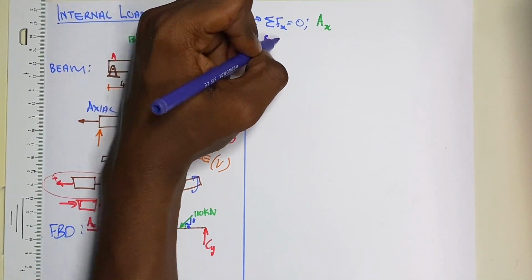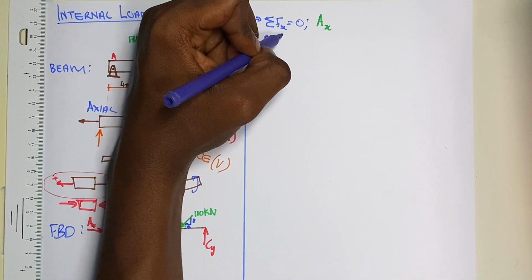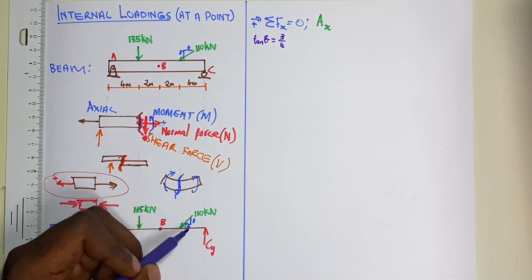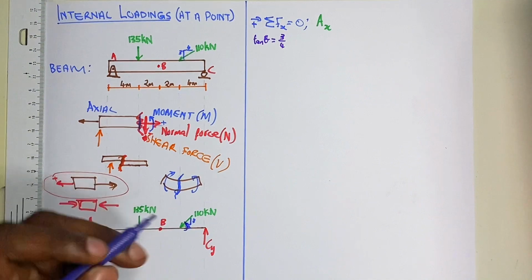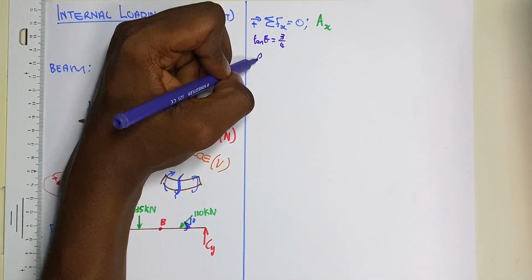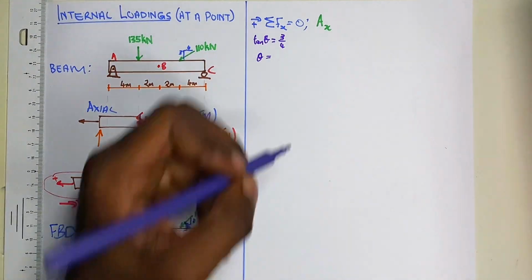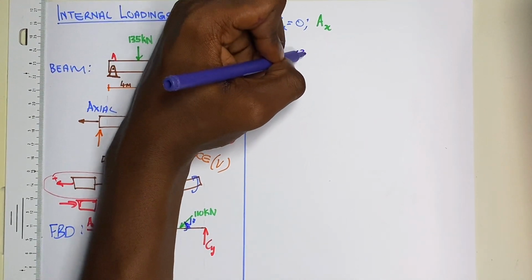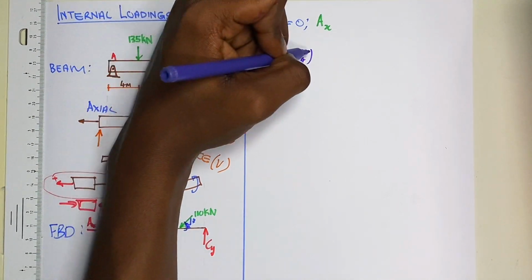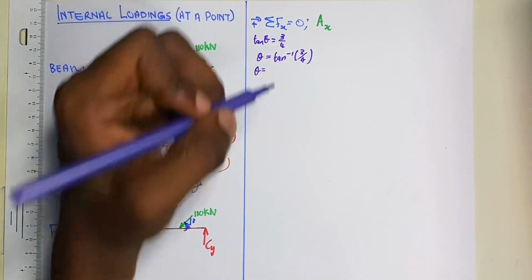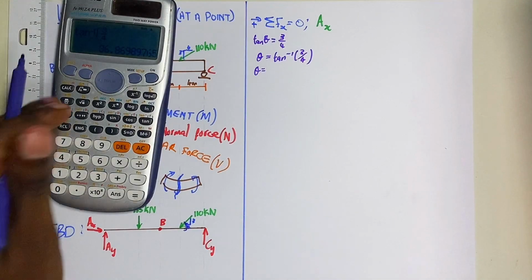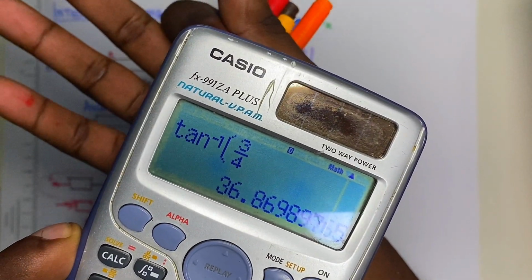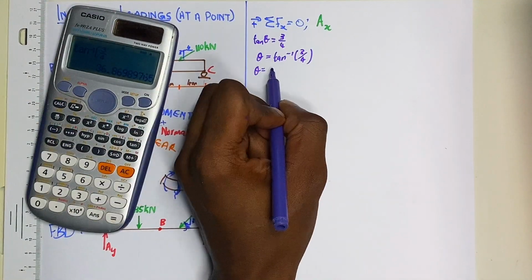So tan theta is equal to 3/4, because it is opposite over adjacent, and I'm looking for this angle here. Now my theta will be equal to tan inverse of 3/4, which is 36.87.